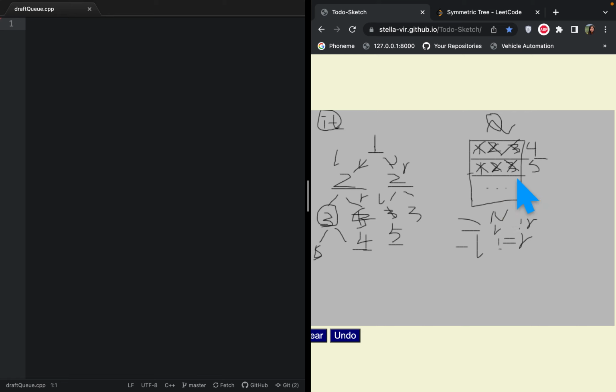So let's code this up. First we include iostream, input and output stream. And we're going to use a data structure, like I said, the queue in here.